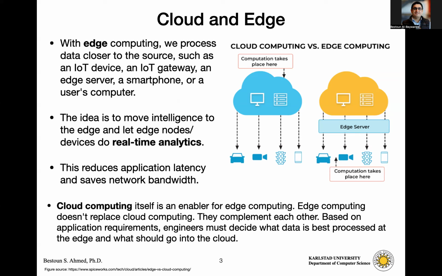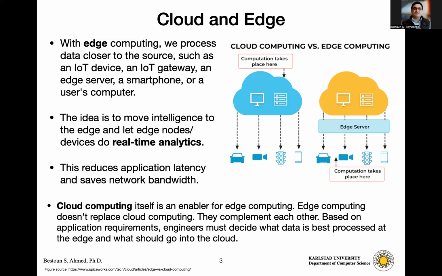Moving the intelligence to the edge means letting the edge process the data without going to the cloud. So that will reduce the latency, and this is bringing the computation power closer to the source.